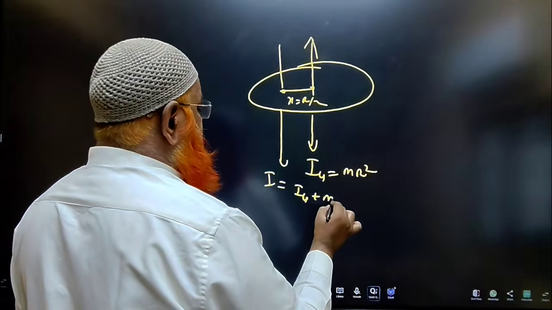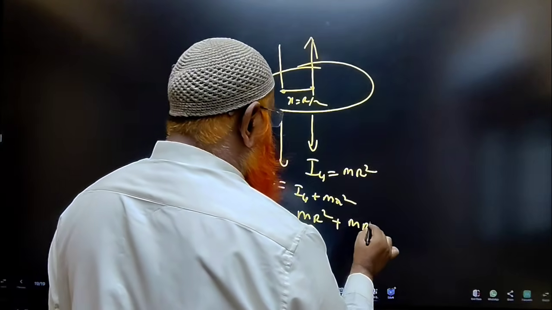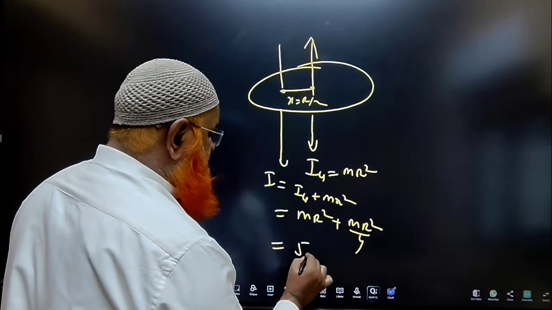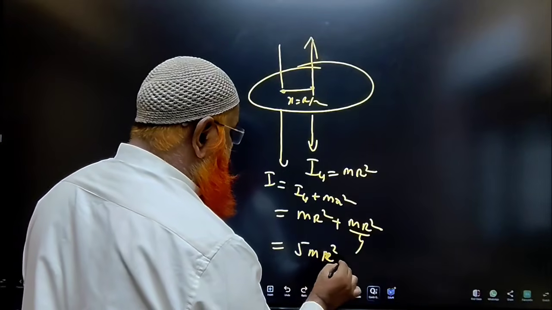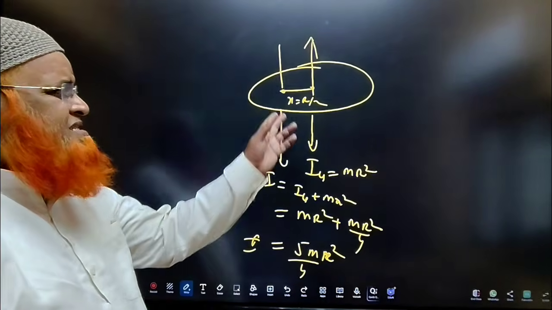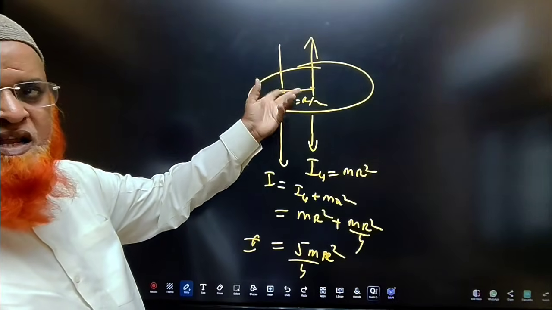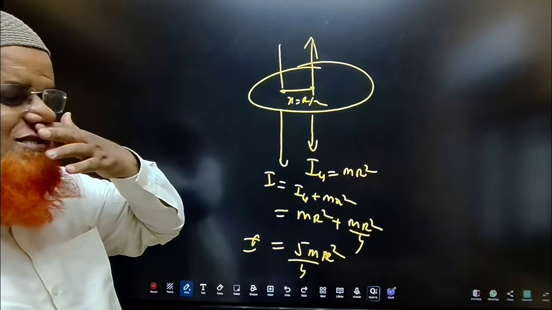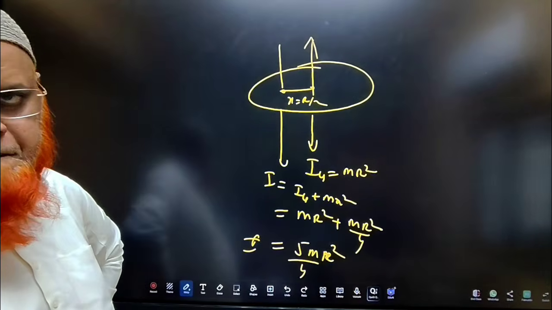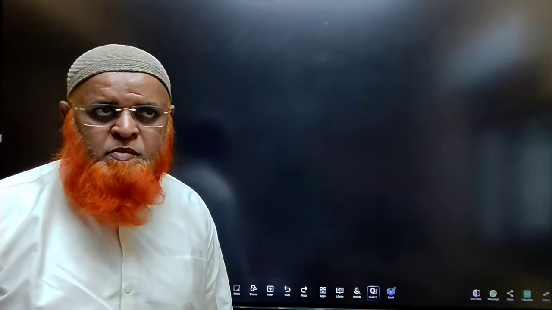Here Ig plus mx square, where Ig is mr square, and mx square is mr square by 4, which is nothing but 5 by 4 mr square. Understood what I am saying now? So he may ask in the middle also, x equal to r by 2 or r by 3, he can ask anything. So this is the story of moment of inertia. Hope you understand what I am saying now. Is it clear? Moment of inertia.